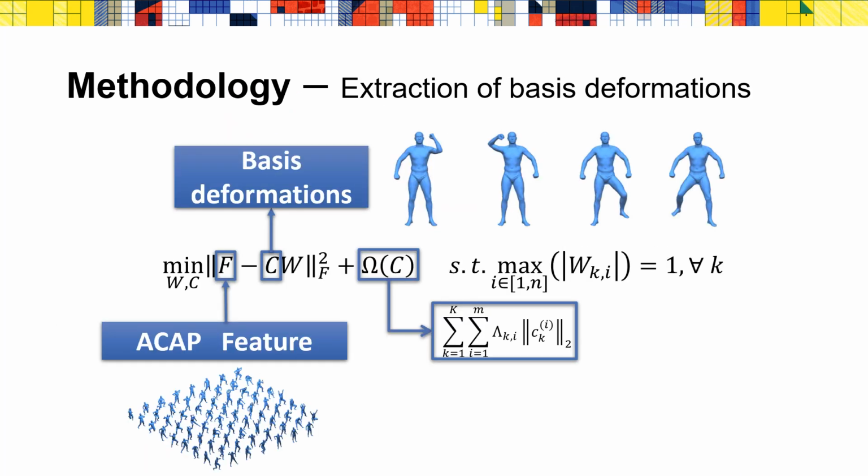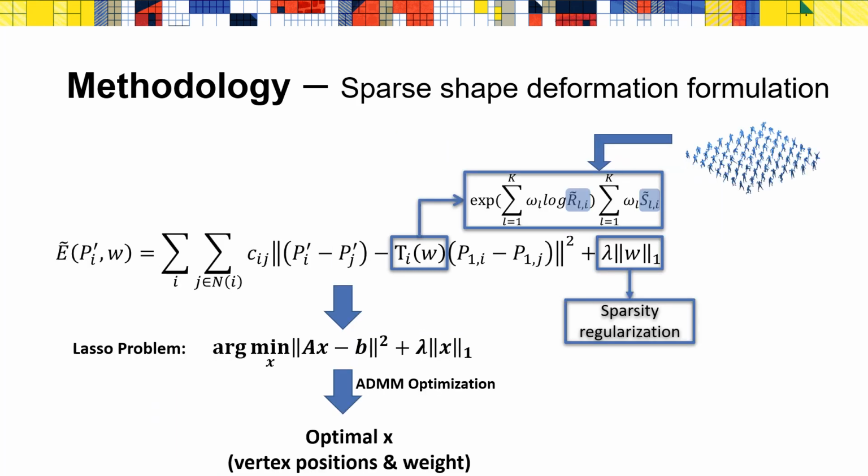Then we also want to find some deformation bases. We use previous state-of-the-art research to get the deformation bases using this formulation, and the input is the as consistent as possible feature. Then we use this sparse decomposition method, and we could get the deformation bases like this. This is from Cardiff's work, where the sparsity is defined on the spatial region.